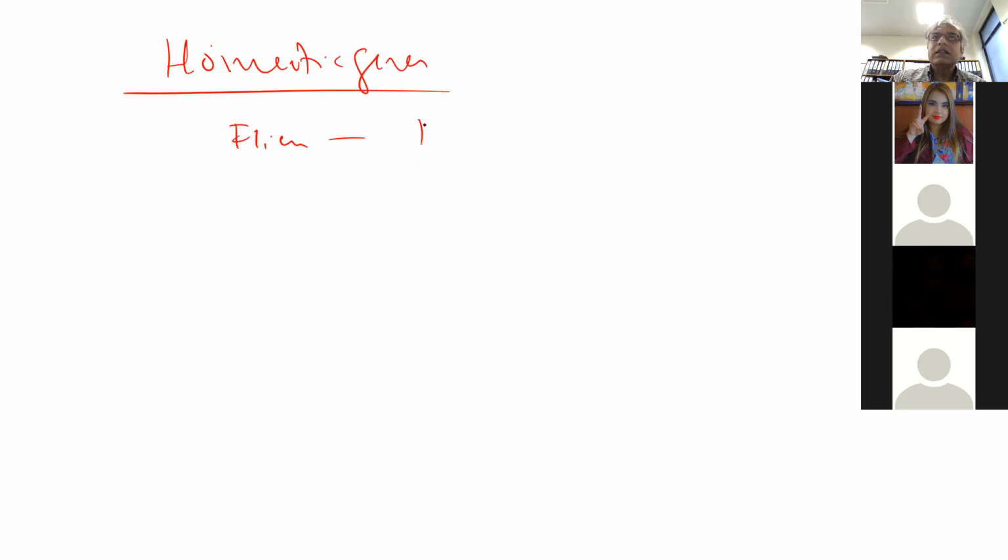Why I wanted you to learn about homeotic genes: they are conserved. Homeotic genes are conserved in flies, mammals, and plants, and their function is to give symmetry to our body.